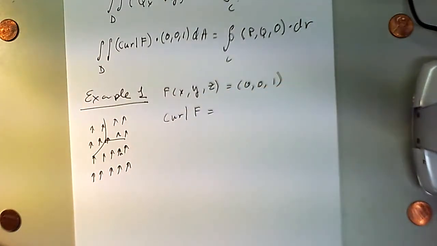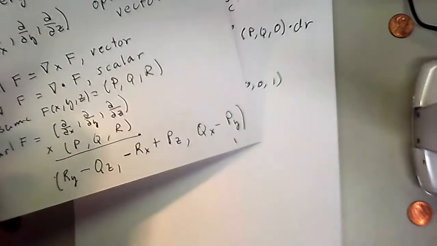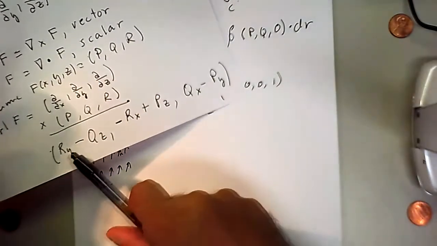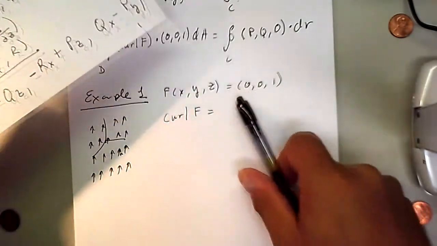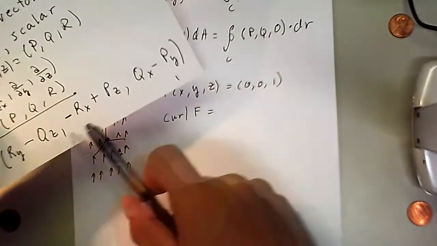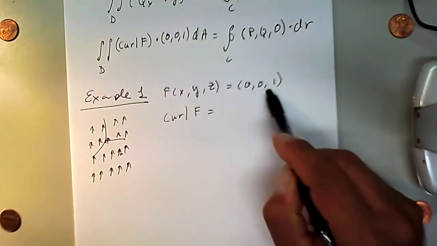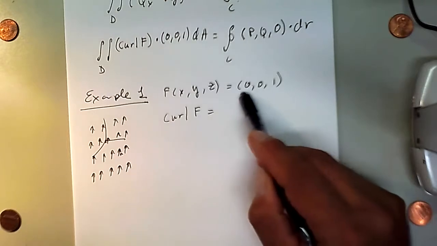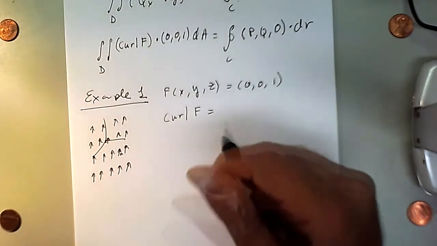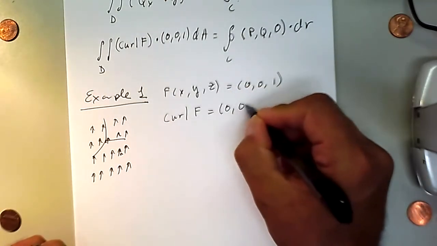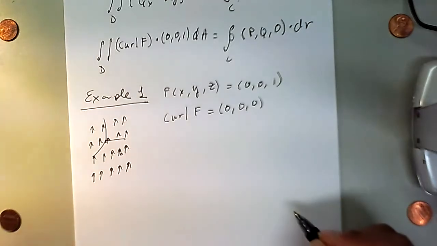So the curl of F, now let's think about this. The curl uses partial derivatives all over. So all of those are partial derivatives. So the partial derivative of 0, of course, is 0. The partial derivative of 1 is 0. The curl is going to be 0, 0, 0. There is no curl. Well, there is a curl, which is just 0, 0, 0.